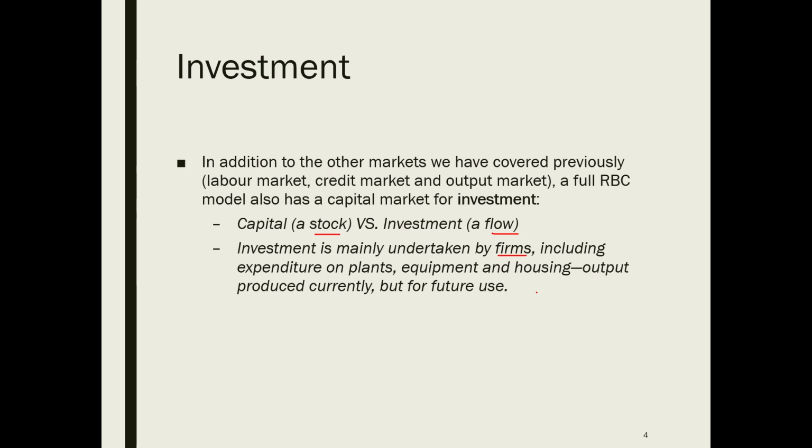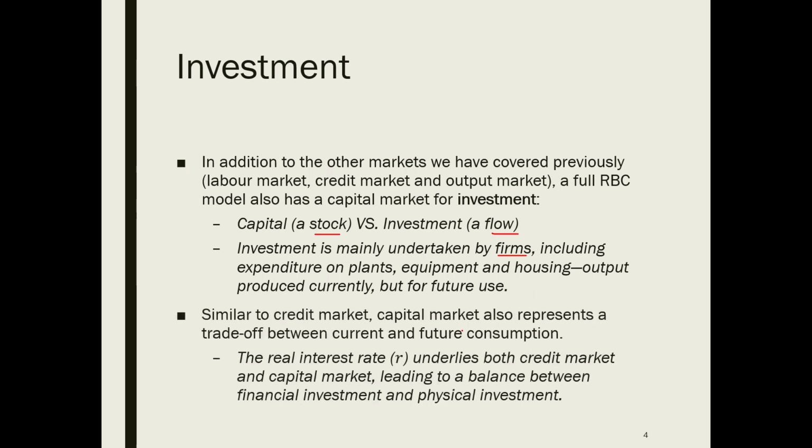As we mentioned in the first lecture on dynamic models, the capital market is similar to the credit market in the sense that they both represent a trade-off between current and future periods. The credit market takes the view from the consumers, while the capital market is from the firm's point of view.